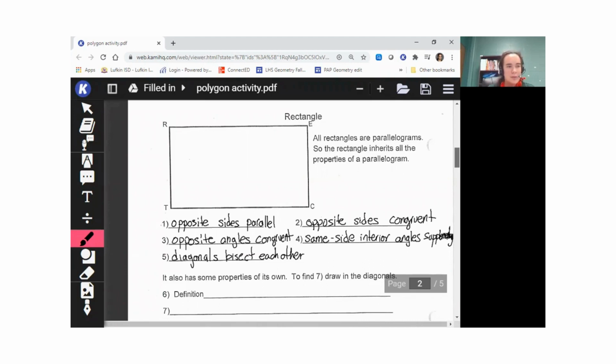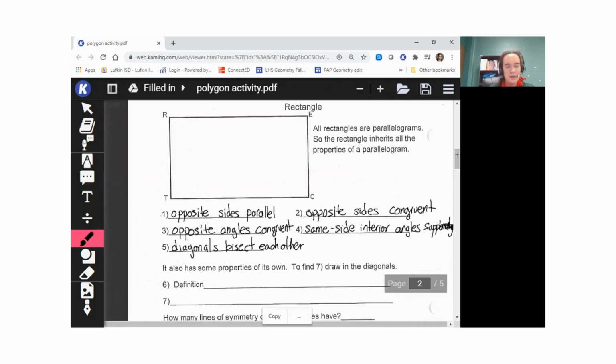So then our other properties, the first one is the definition. What do we know about rectangles? What are the measures of the corners? They're all right angles. And that's the definition of a rectangle. It has 4 right angles, and specifically these right angles have to be in the corners.